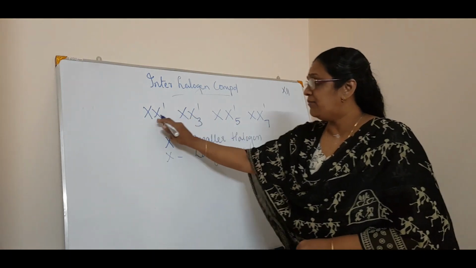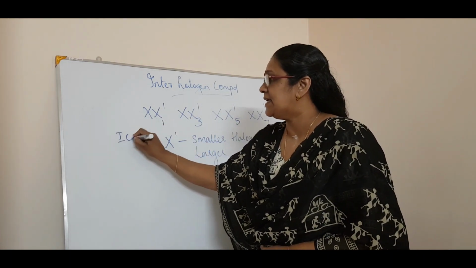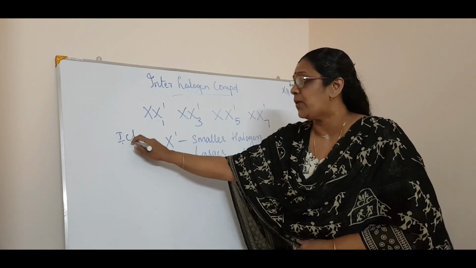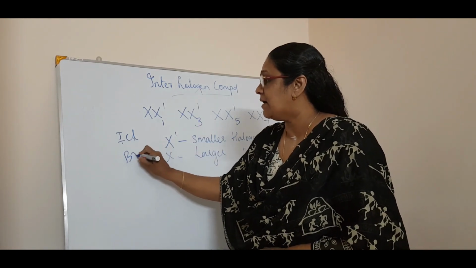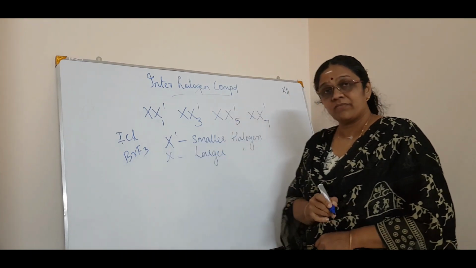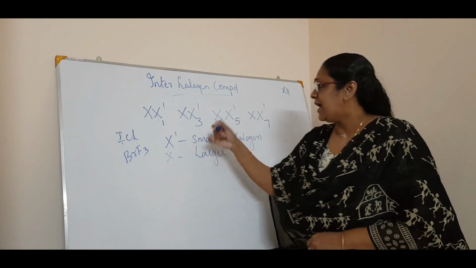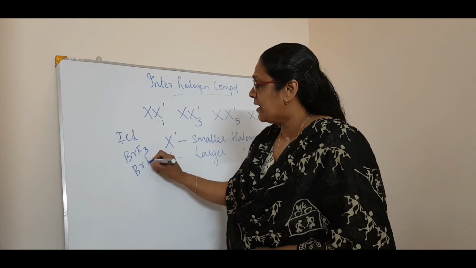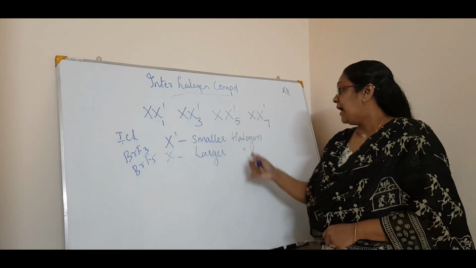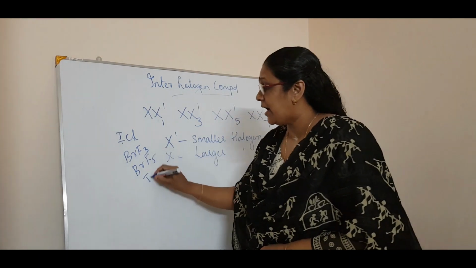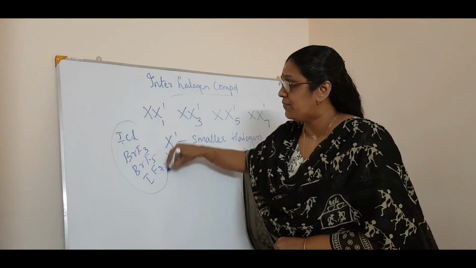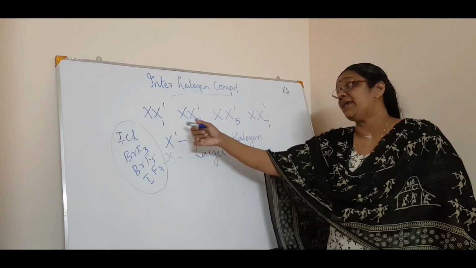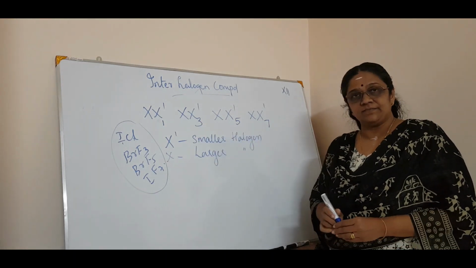Want an example for X dash? I can say ICl, 1 and 1, isn't it? For X dash 3, I can say BrF3. X dash 5, BrF5. And X dash 7, IF7. These are simple examples of interhalogen compounds made by these formulas.